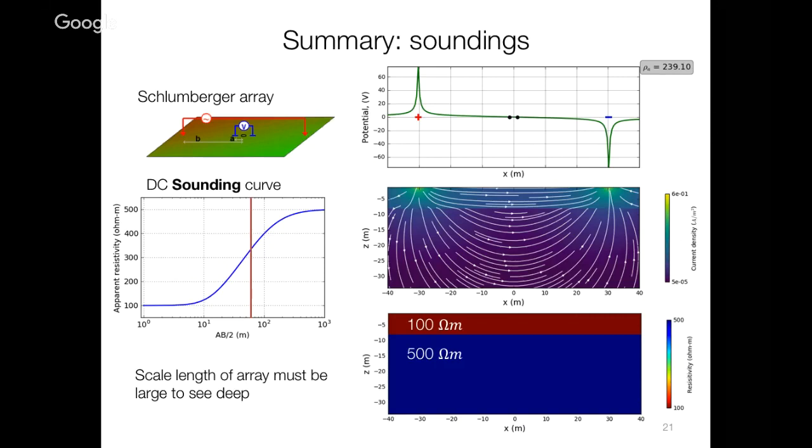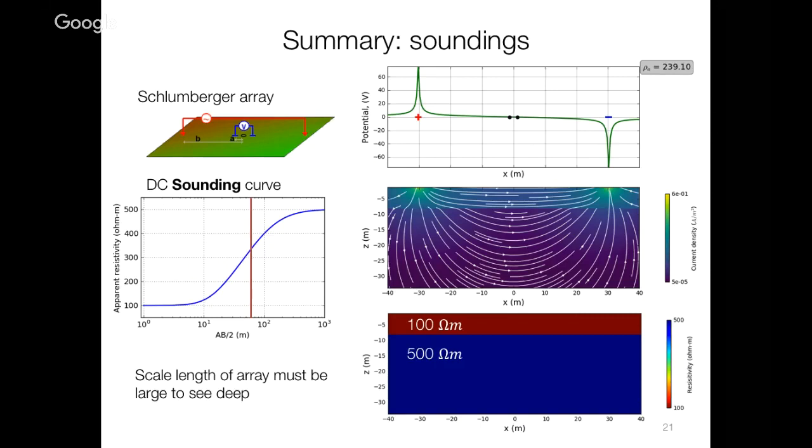This kind of understanding is actually extremely important for all kinds of techniques. Basically, it says that the length of your array needs to be much larger than the depth to the target that you're looking for. Factors of 3 are a pretty reasonable estimate.